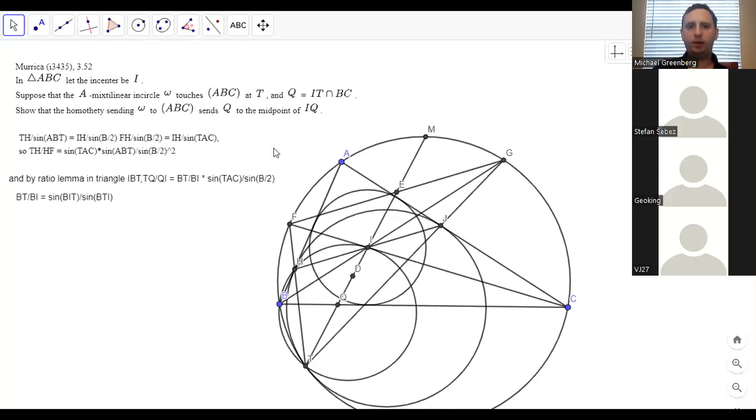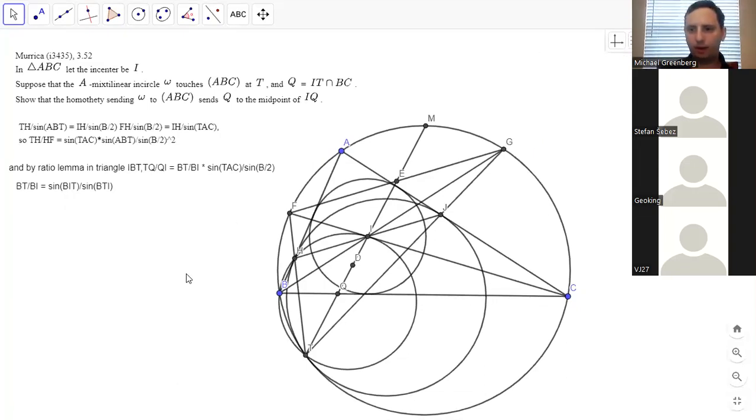So did you have an idea on how to compute BT over BI? Well, I guess angle BIT is the same as angle BHT, which is half of arc AF. Yeah, but that kind of just gets us back in circles.